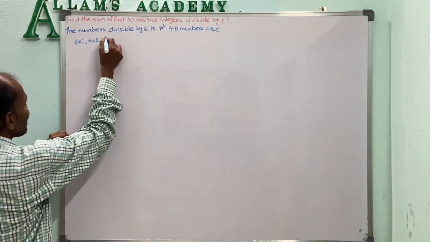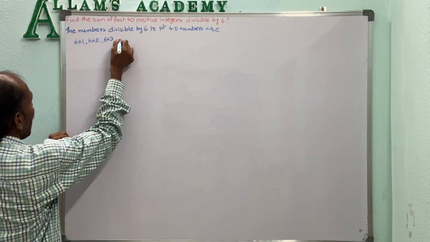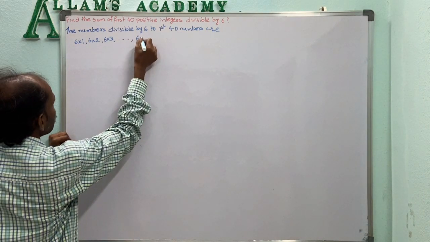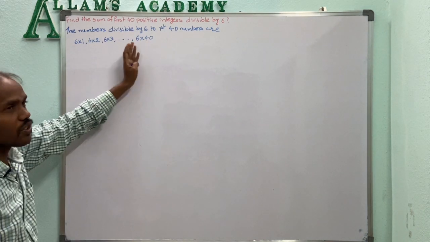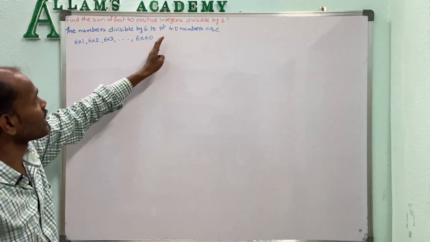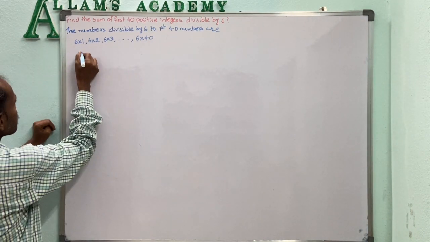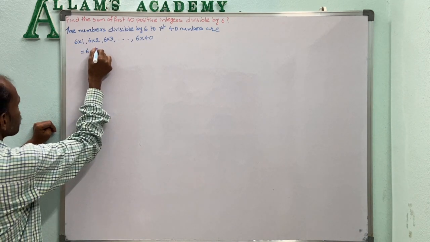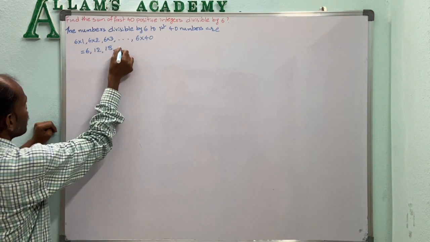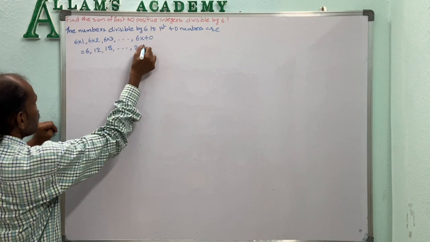So 6 threes, and so on, up to 6 forties, that is the 40th number. So 6 ones is 6, 6 twos is 12, 6 threes is 18, and so on up to 240.